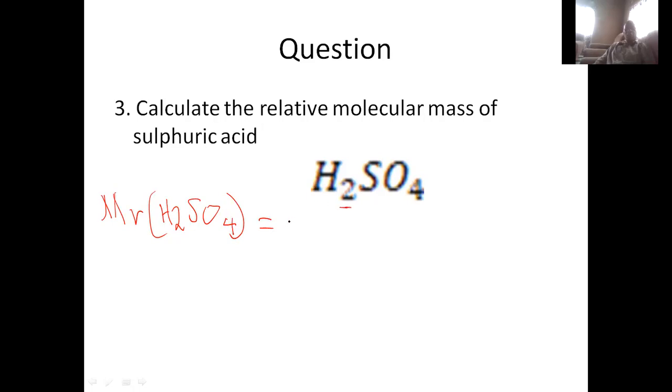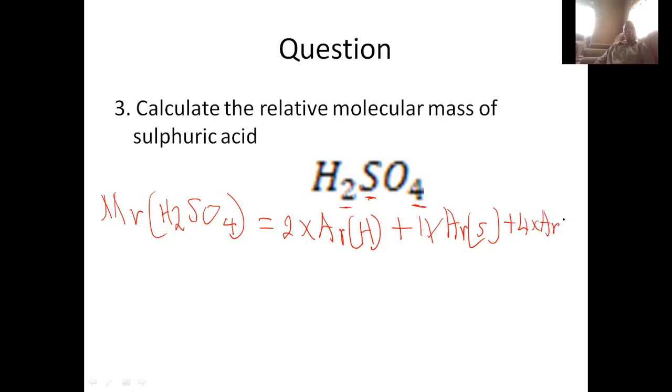This one is 2, so it will be 2 multiplied by the relative atomic mass for hydrogen, plus the subscript for sulfur, which is 1, multiplied by the relative atomic mass for sulfur, plus the subscript for oxygen, which is 4, multiplied by the relative atomic mass for oxygen.